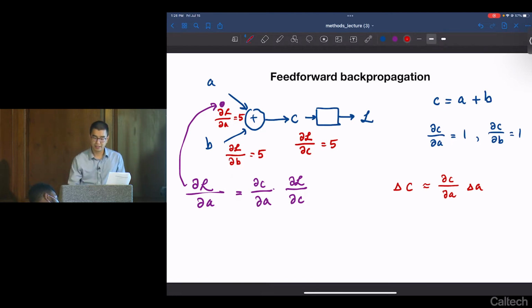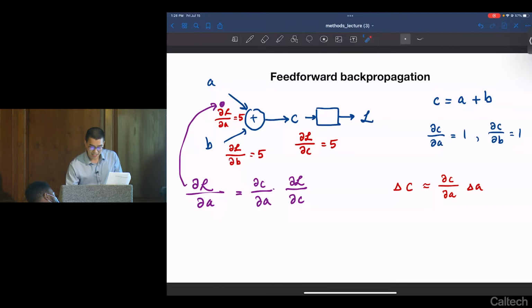Yeah. And then in this case, DCDA is equal to 1. Ultimately, what the derivative tells us is if I wiggle A a bit, how much is that going to wiggle C? And because C equals A plus B, if I wiggle A by 0.1, I should expect C to also wiggle by 0.1. And so it makes sense that DCDA is equal to 1.